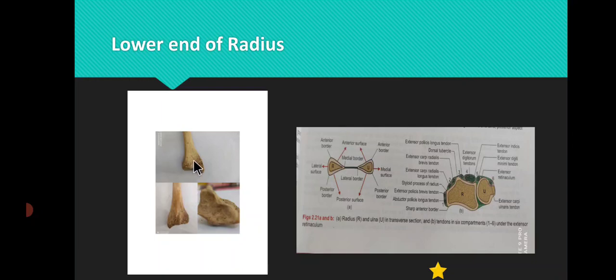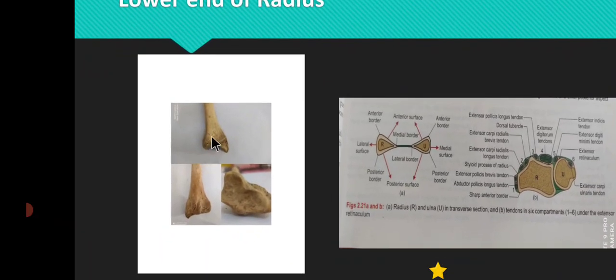The anterior surface presents a thick prominent ridge which is palpable through the overlying tendons. The pulsation of the radial artery is felt against this distal part, this surface distal to the pronator quadratus muscle.